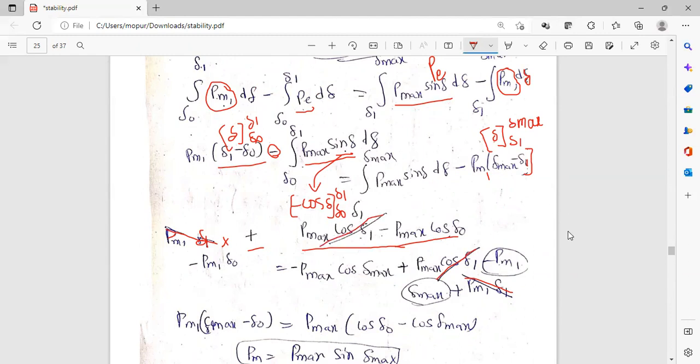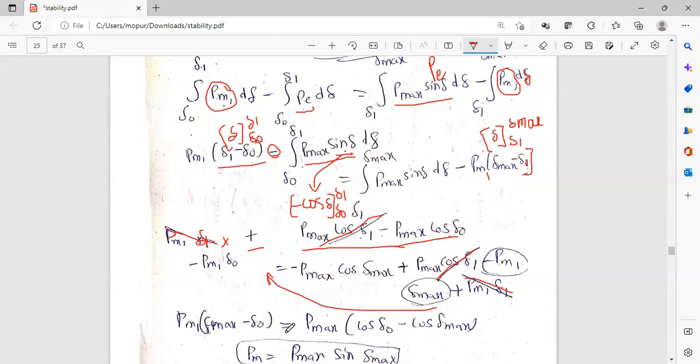So now what are the terms left over? Here we had minus PM1 del max. I am taking this term to that side. What I will get? PM1 del max minus PM1 del naught. I am taking PM1 common.